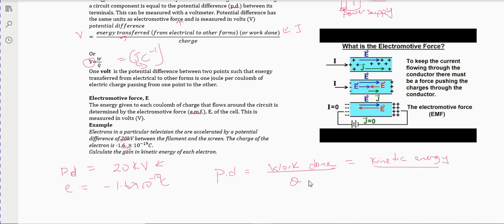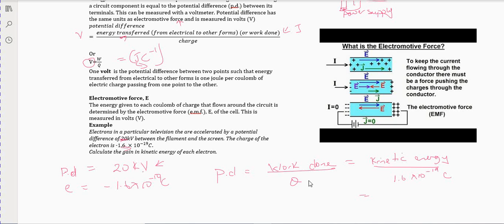And we know the charge of an electron is 1.6 times 10 to the minus 19 coulombs. We don't know the work, so we have to transpose to find work.